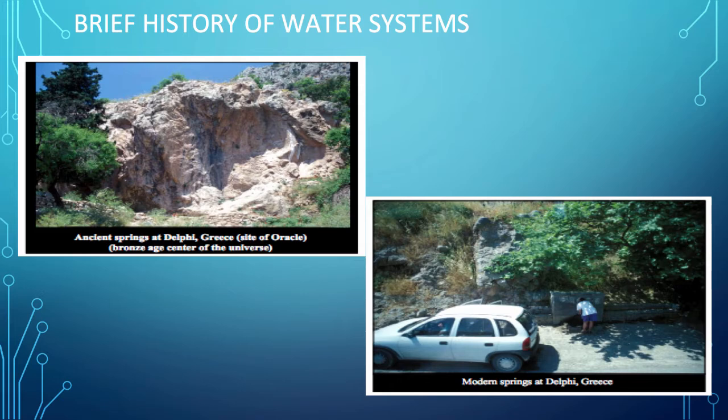So the question is, is this a water use system, a water control system, or environmental restoration? We can answer that by looking at the pictures. If it's environmental restoration, it's not doing a very good job because that mountainside is slowly falling away. It's a water control system in the sense that they're controlling the water that comes out of those rocks and delivering it to the pipe where the woman in the right photo is bent over filling her water jug. Mostly it's a water use system. It's providing a way to use this apparently magical water in Delphi, Greece.